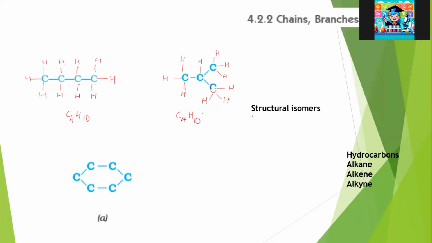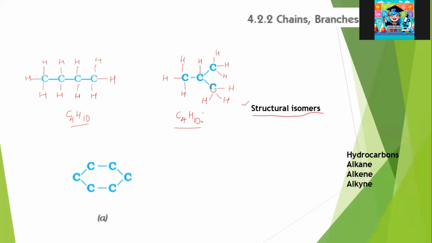This type of molecules are structural isomers because they have the same formula, same number and type of atoms, but they are different in their structure. So the carbon's property of forming chain as well as branched compounds is the reason behind the development of structural isomers in carbon compounds.